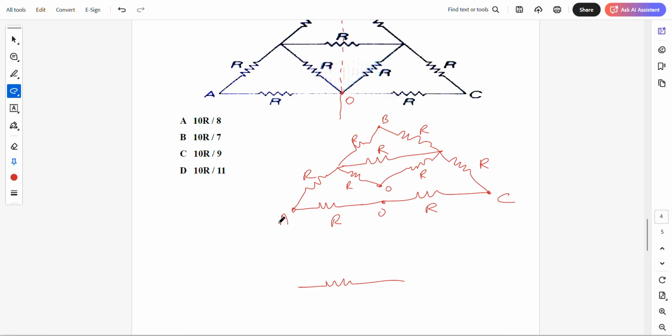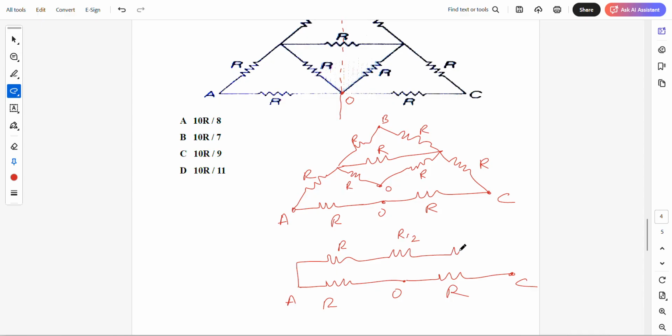Now this is A. Okay, write the points clearly. A and C. This is R, here is O, here is R, and this is R. This will be how much? 2R in parallel with 2R, R. R in parallel with R becomes R by 2.